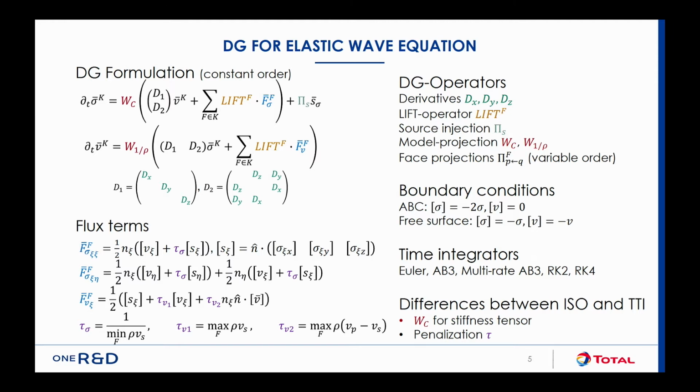So if you use WADG, we will see that we can get better results at the end. And the boundary conditions are imposed weakly by either absorbing boundaries or free surface. And you can use a bunch of time integrators or time steppers. Euler we never use, but Adams-Bashforth multirate, Adams-Bashforth, RK2 and RK4.